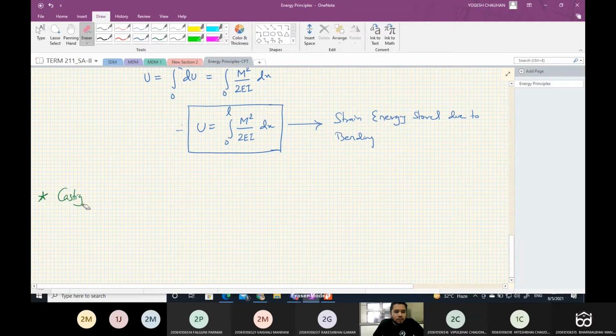Or before that, let us go through Maxwell's reciprocal theorem, or it is also known as the law of reciprocal deflection.